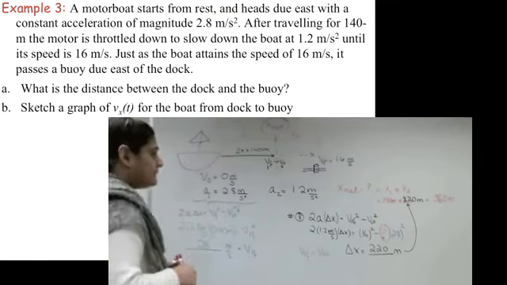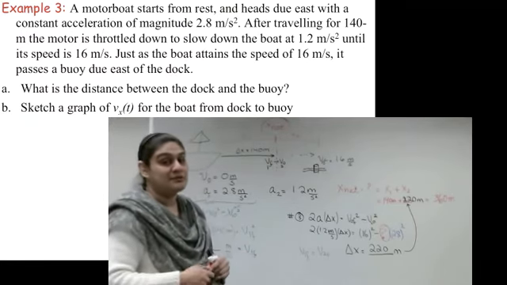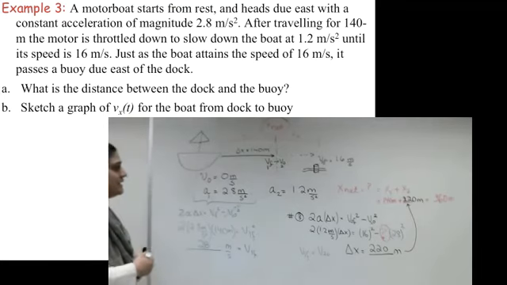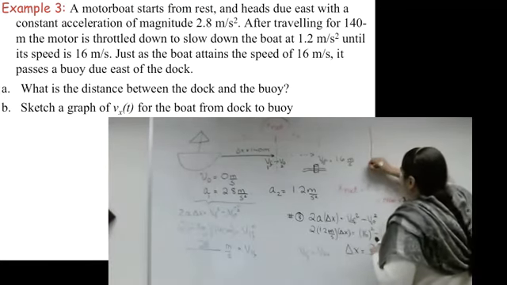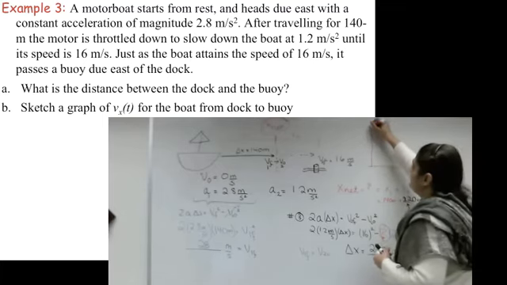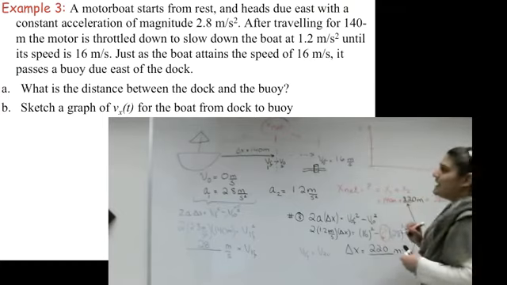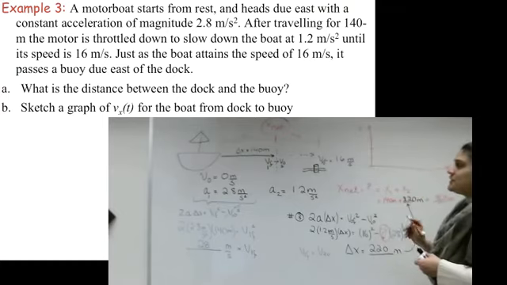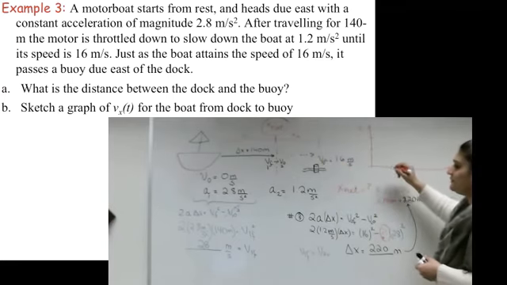Now the next part of this question asks, sketch a graph of Vx from the boat to the dock. So we now need to figure out the graph with respect to t and v. If this is 10, 20, 30, how does this vary? For the first leg, what was the velocity?